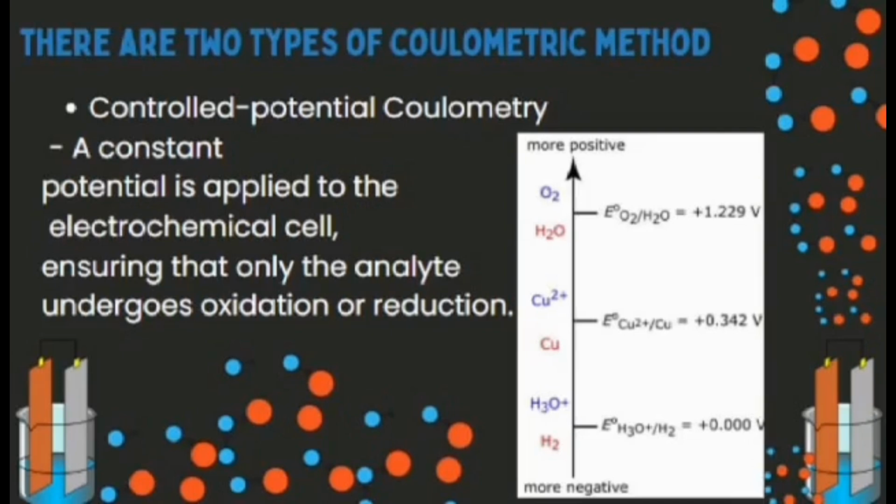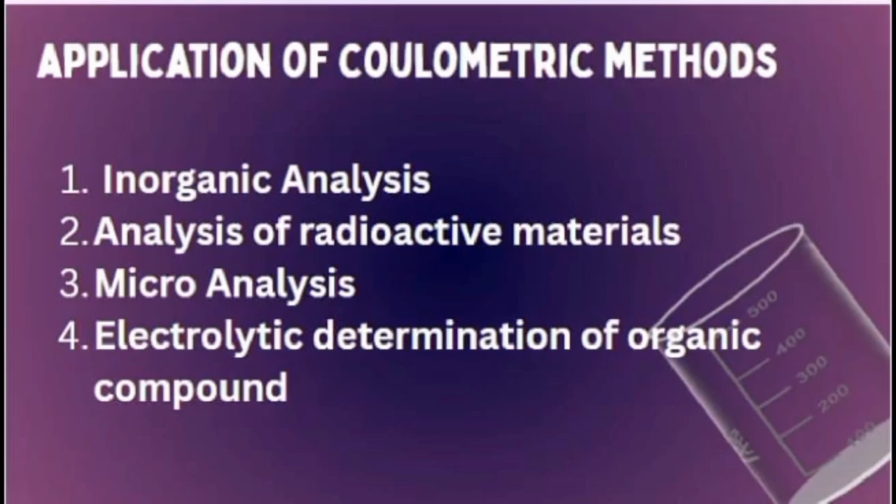The disadvantages are that it requires more sophisticated instruments such as a potentiostat and an integrator, and can be slower than controlled current coulometry. So let's proceed to the applications of coulometric methods.